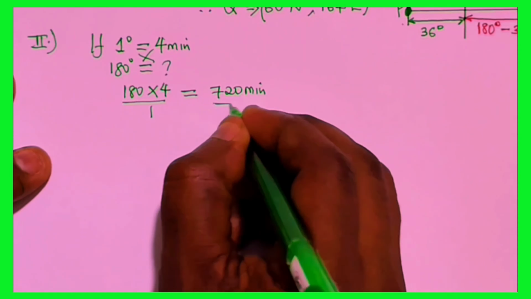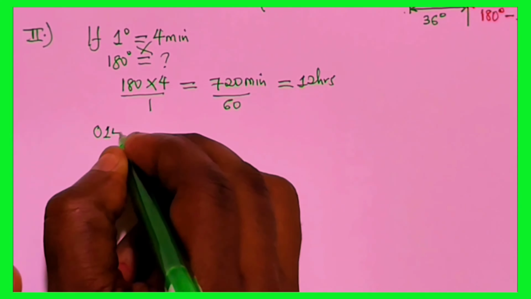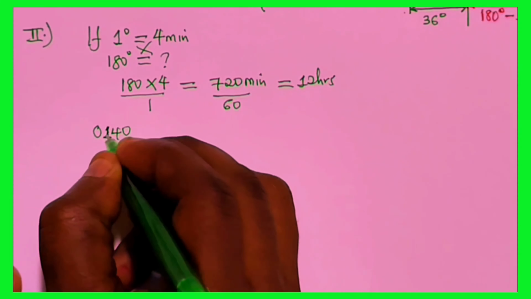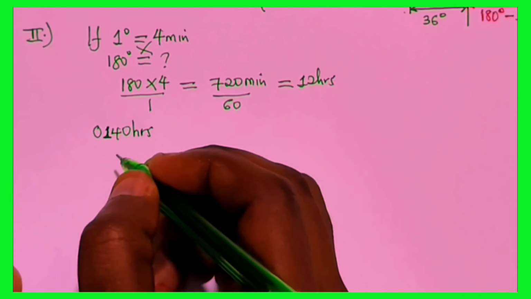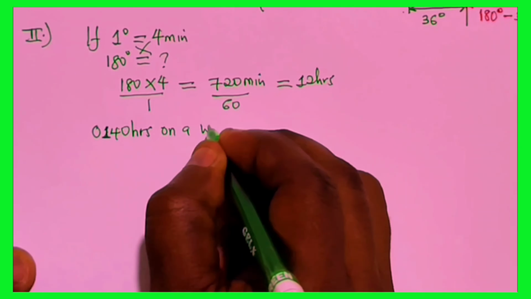We've been told that the time at town Q is 0140 hours, and you're looking for the time at P. And remember, we said that the more you go to the west, the behind the time. So the time at Q was 0140 hours, and this was on a Wednesday.